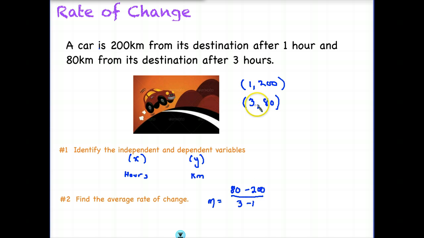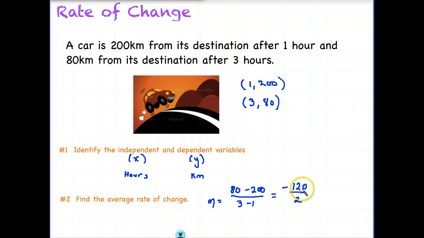So remember, because I used the 80 first, I also have to use the 3 first on the bottom. Subtracting 80 minus 200 means I would get a negative 120 on top and a 2 on the bottom.